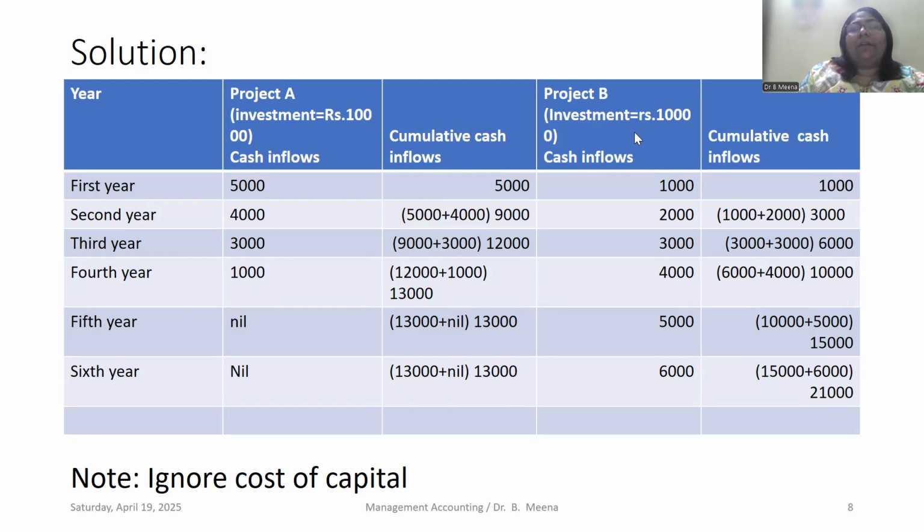Likewise, I calculate cumulative cash inflows for project B after writing its cash inflows. Whenever you have information about the cost of capital, ignore the cost of capital in calculating the payback period.